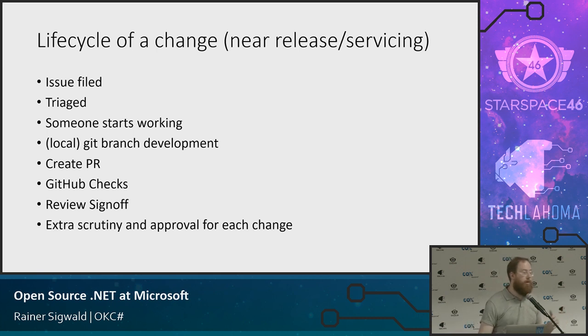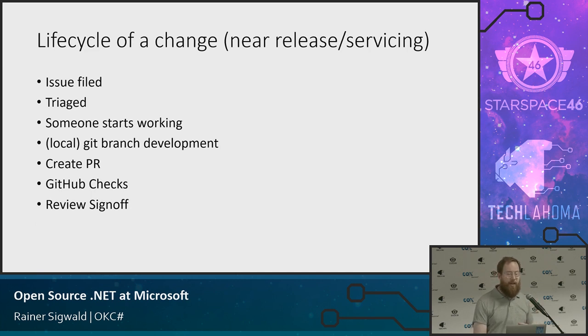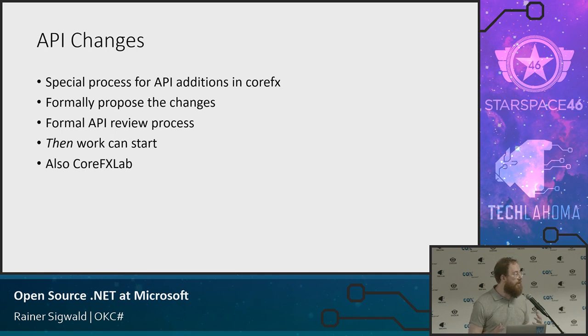Another kind of change that requires a bunch of approval, even early in the process, is API changes to core libraries. So if you come and say, I have a great idea for a method that should be on every list in .NET, cool, there's totally potentially room for that, but you have to support all of that stuff forever.